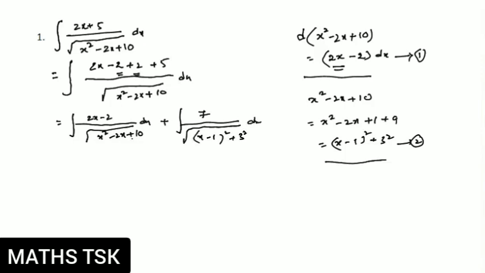So we have to apply two formulas here. The first one: if you consider this as f(x), this becomes f'(x), so f'(x) by root of f(x). The answer is 2 into root of (x² - 2x + 10).